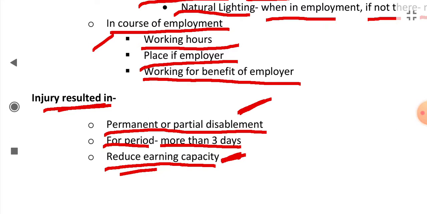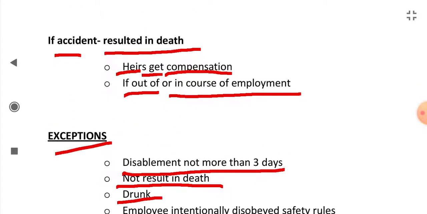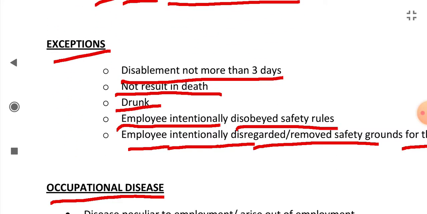Injury resulted in permanent or partial disablement for a period more than 3 days, which resulted in reducing his earning capacity. If accident resulted in death, then the heirs will get compensation if the accident was out of or in course of employment. There are certain exceptions where compensation will not be made.